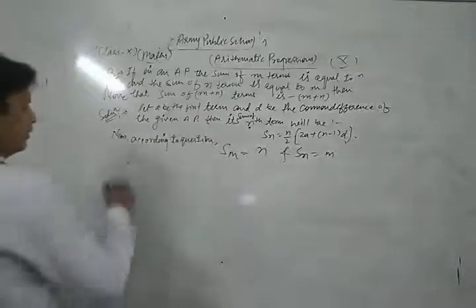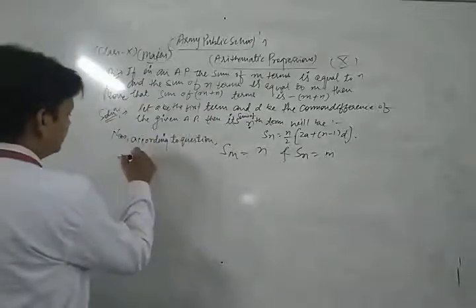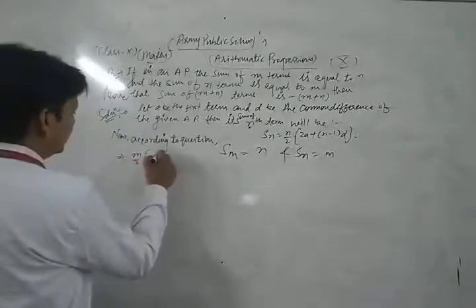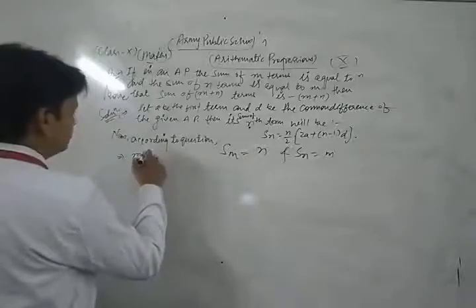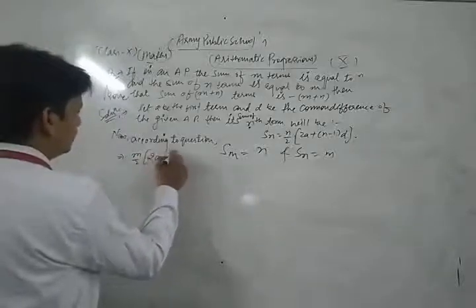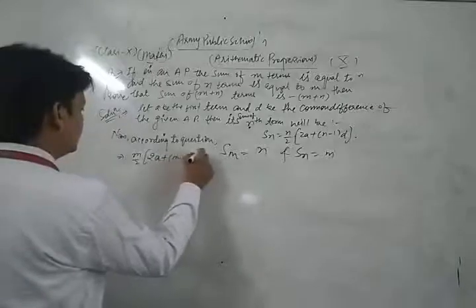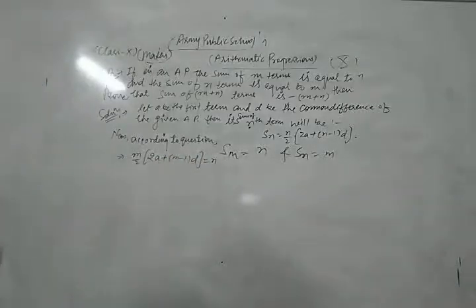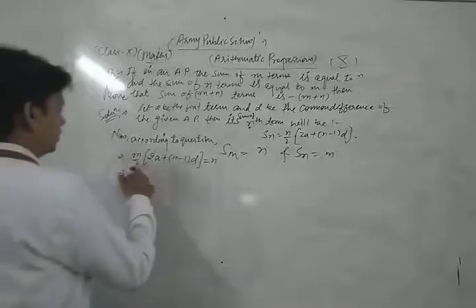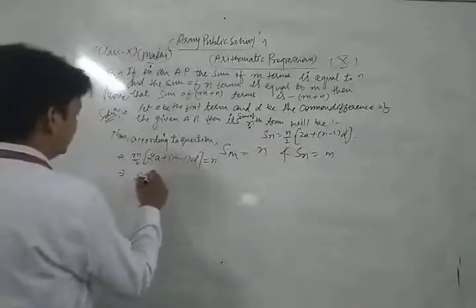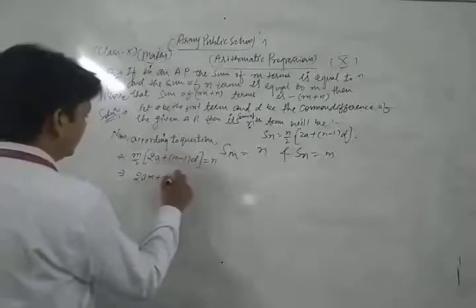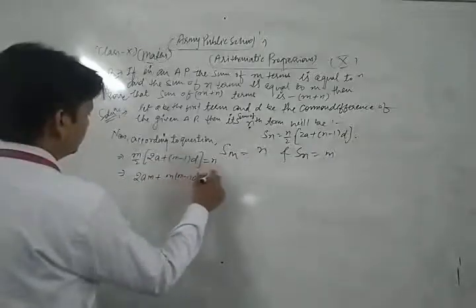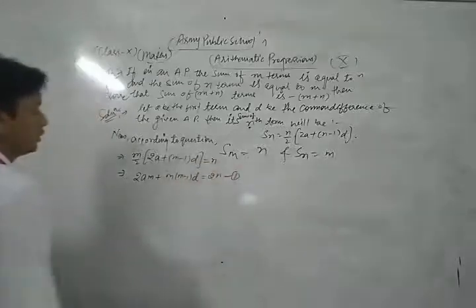The sum of m terms is m by 2 in bracket 2a plus (m minus 1) into d, equal to n. We cross multiply, and we get 2am plus m(m minus 1) into d is equal to 2n. Take this as equation number 1.